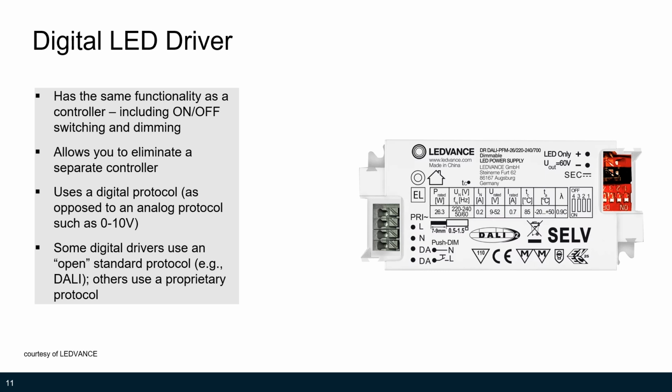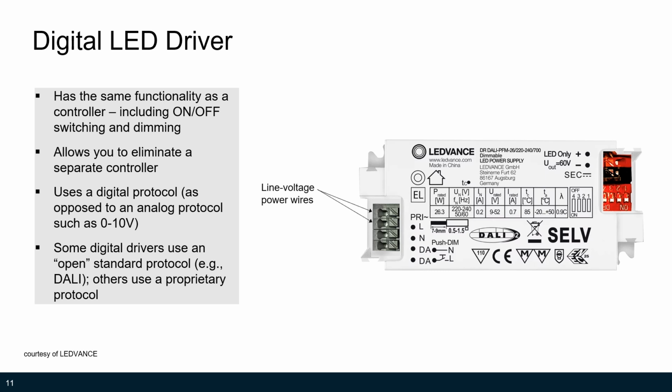They don't use analog protocols such as 0 to 10 volt to send a dimming signal. It's different. They're purely using a digital signal to talk throughout the network, and these will directly tell the LEDs to dim. So some of these digital drivers use what's called an open standard protocol, such as DALI, that means Digital Addressable Lighting Interface, but others use a proprietary protocol.